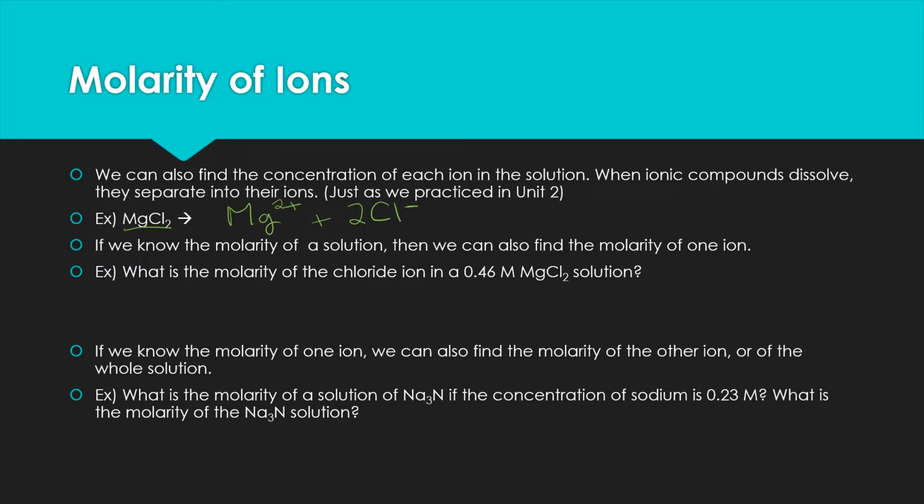So if we know the molarity of our whole solution, we can also find the molarity of one or both of the ions. So for example, it says, what is the molarity of the chloride ion in a 0.46 molar magnesium chloride solution? So if we imagine this solution, when our little ionic compound that's in its really lovely little structure enters the water, it's going to break into our magnesium with its 2+ charge and two separate chlorine ions with their negative charge.